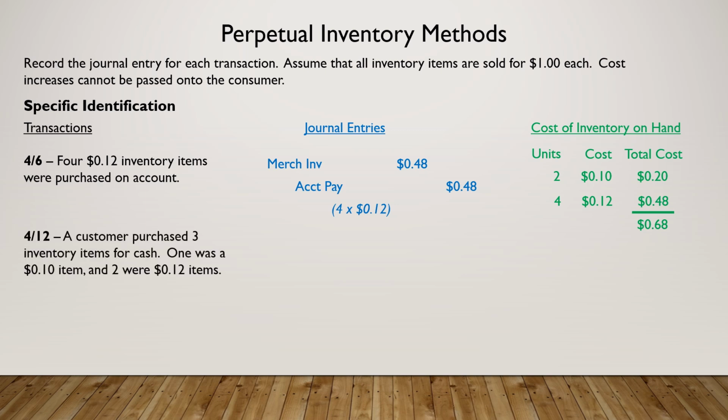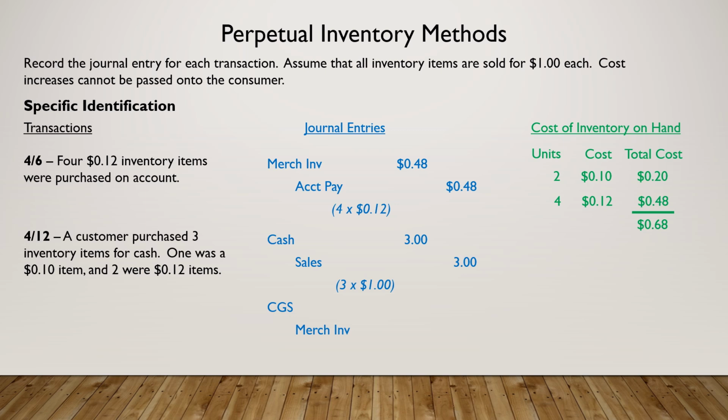On April 12th, a customer purchases 3 inventory items for cash. One was a 10-cent item, and the other 2 were 12-cent items. We'll recognize revenue with a debit to cash and a credit to sales for $3. We remove merchandise inventory off the books with a debit to CGS and a credit to merchandise inventory.